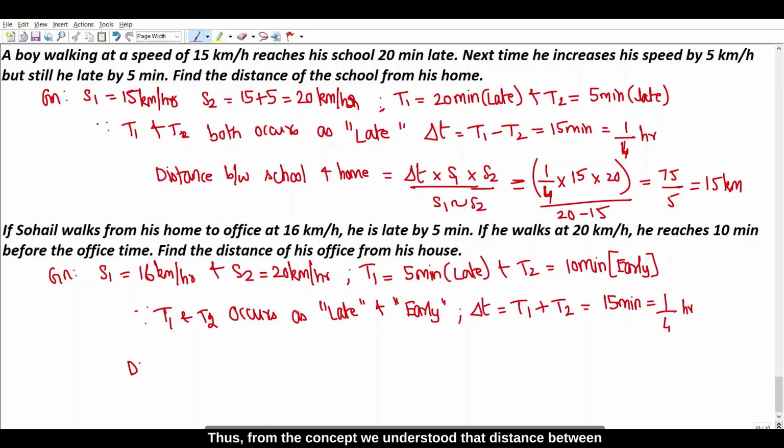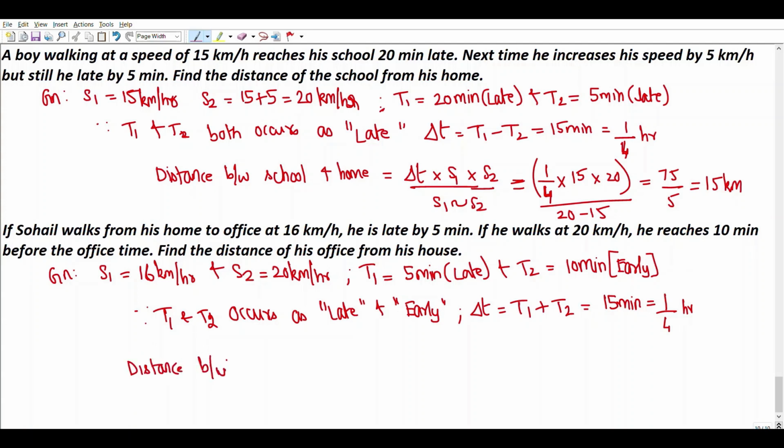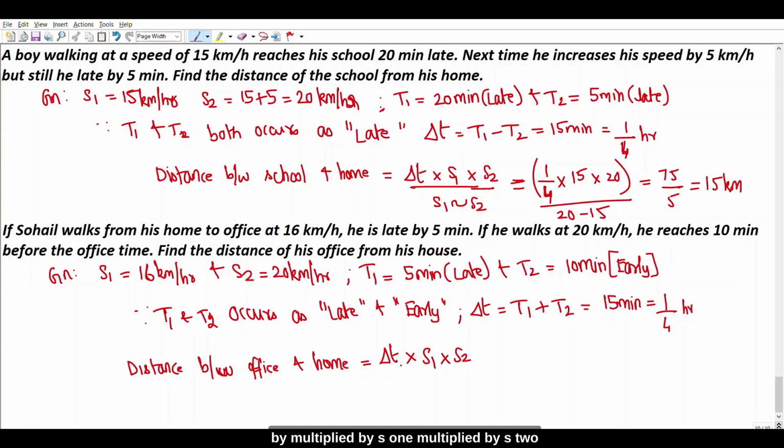Thus, from the concept we understood that the distance between office and home is equal to delta T multiplied by S1 multiplied by S2, the whole divided by S1 minus S2.